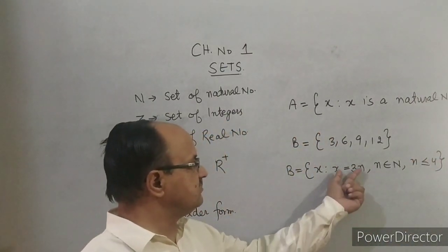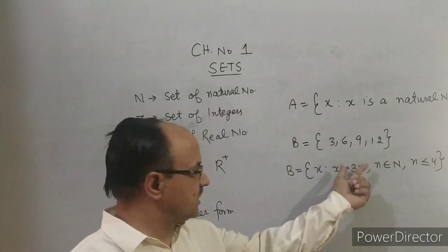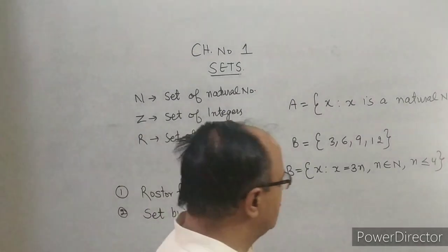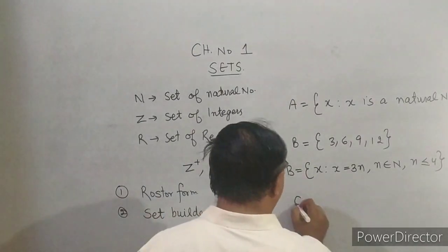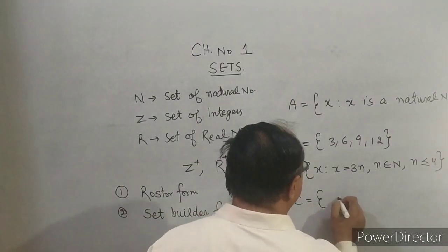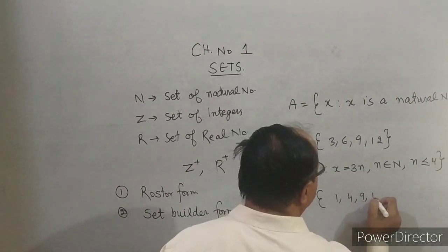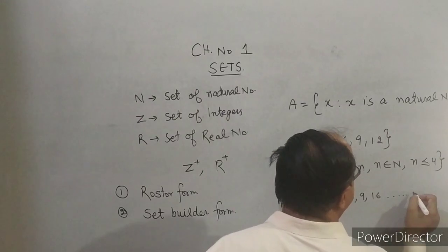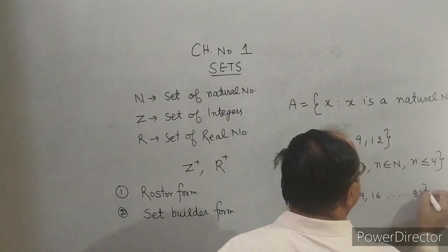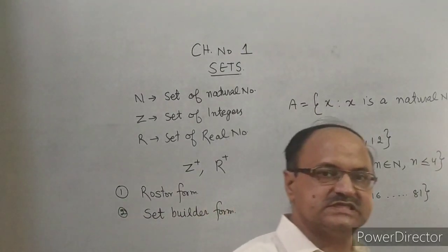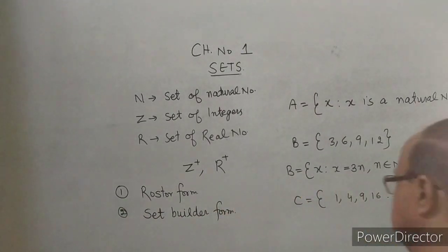This is set builder form and this is roster form. You can take one more example of roster and set builder form: {1, 4, 9, 16, ..., 81}. Can you write this set in set builder form?